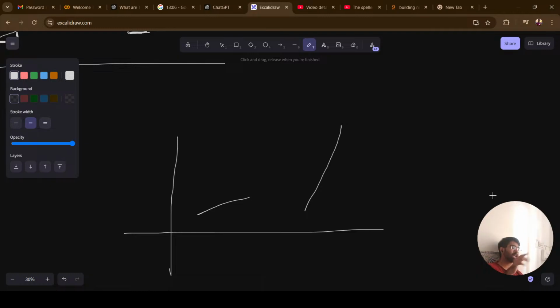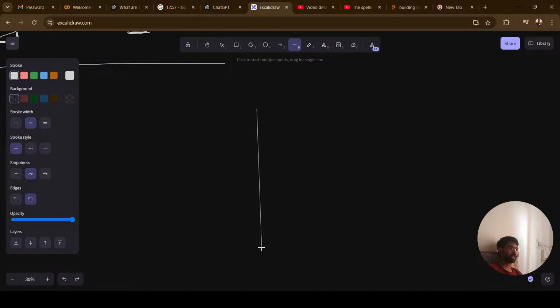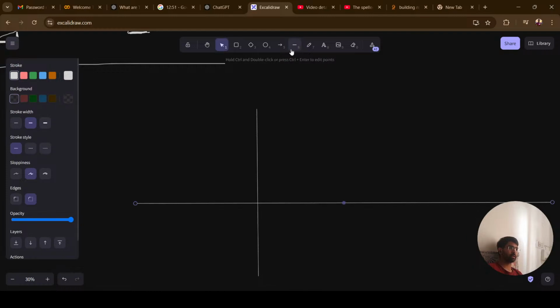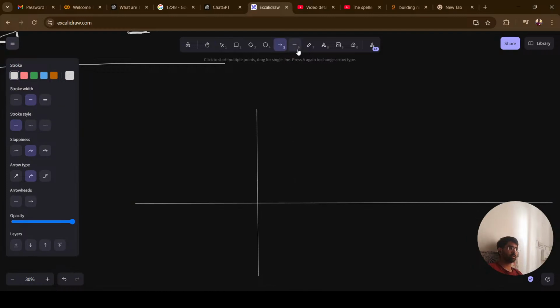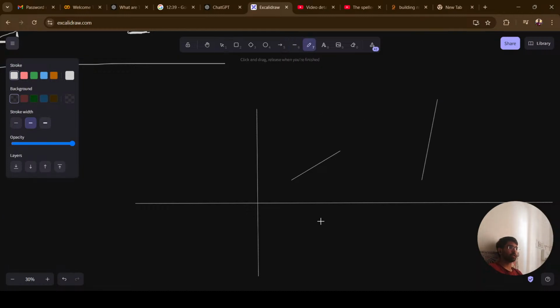Let's say I'm a blind person. Let me write it in a very clear way. This is a line. Suppose let's take this is a mountain, and this is a mountain. This is one, this is two.